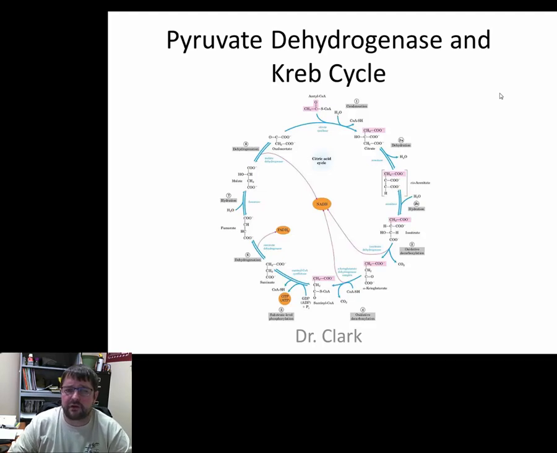So remember, after glycolysis, after you break a glucose molecule down, you break it into two 3-carbon pyruvate molecules. Well, then we're going to process that pyruvate further, and we do that through what we call dehydrogenase. And then after that, we're going to process the product of the pyruvate processing further, and that product is called acetyl-CoA, and that goes into the Krebs cycle.